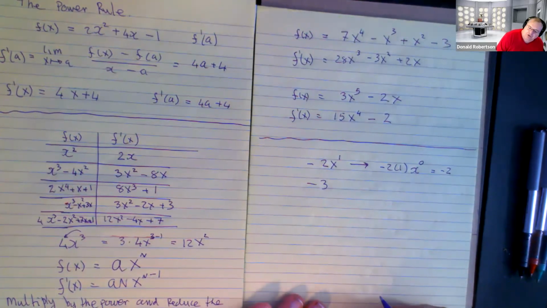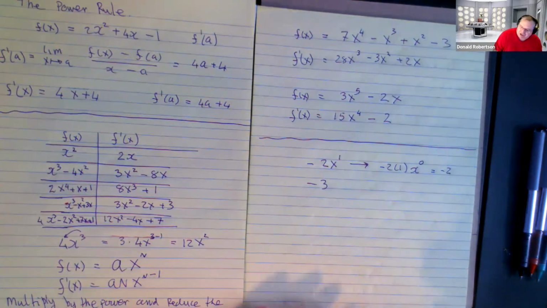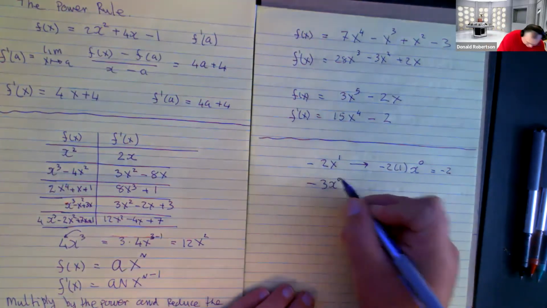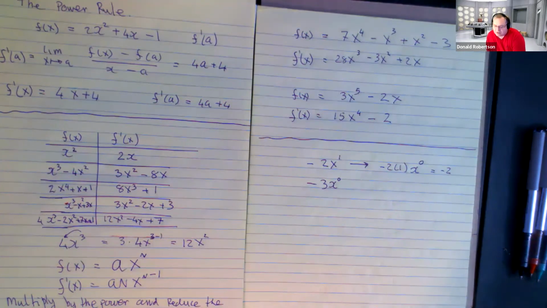So let me show you how you might want to look at negative 3, just to convince you that its derivative is always going to be 0. Which is how you do it, but just to prove that the power rule works, negative 3 could be written as negative 3x to the power of 0.